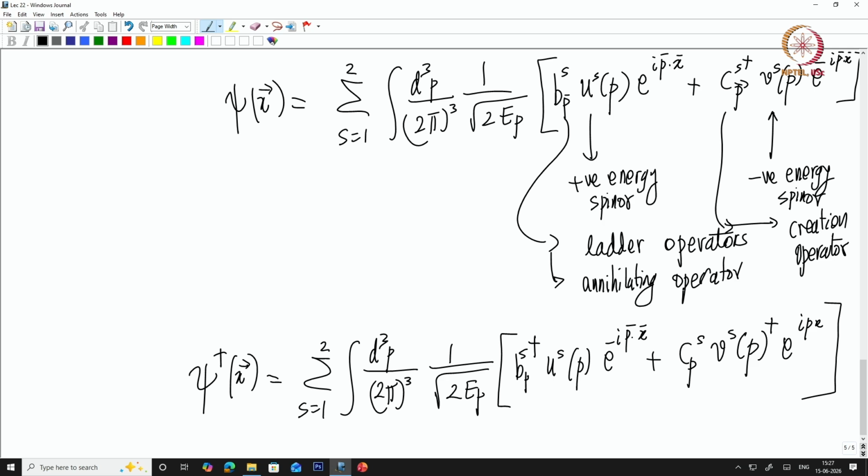Okay, now we have expressed everything in terms of the creation and annihilation operators. Now what we will say is that these equations mean that the relation for b_p^r and b_q^{s†}, the b operator with momentum p and spin r, and the b dagger operator with spin s and momentum q, is equivalent to (2π)^3 δ_{rs} δ^3(p − q).